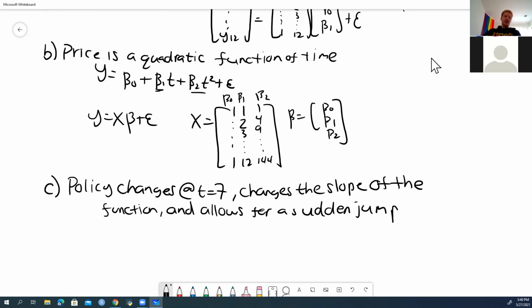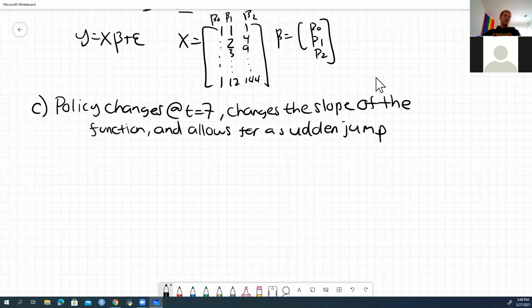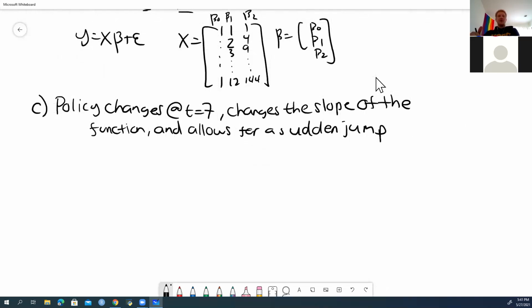So what that means is it's just going to look like this. At t equals 7, some sort of policy changes, and there's some reason that we allow a sudden jump.